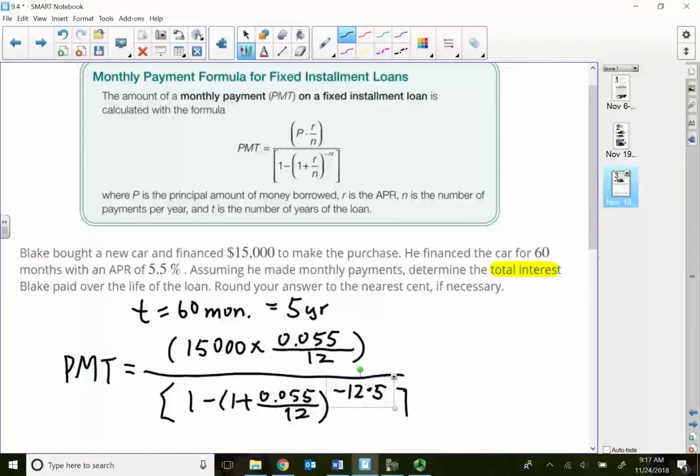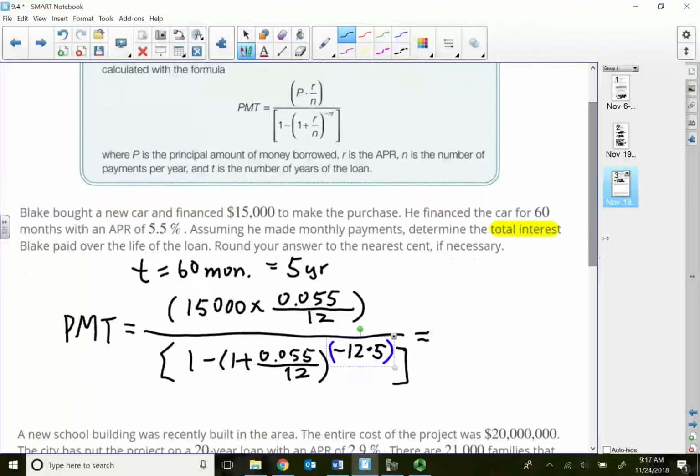Let's put that in the exponent in the blue parenthesis. Let's see what his monthly payment is going to be.